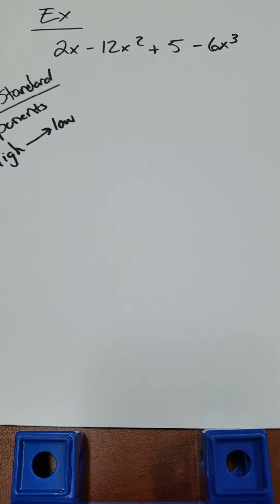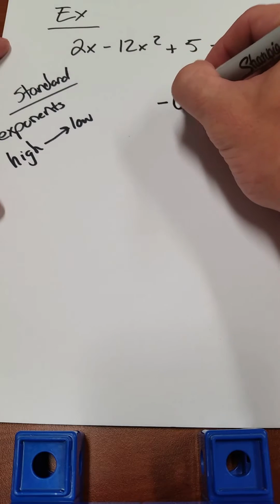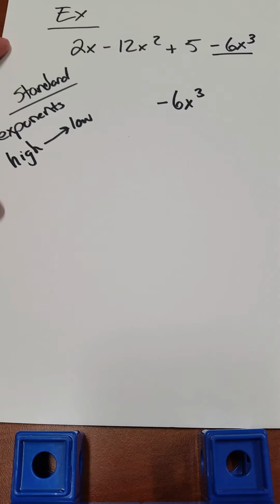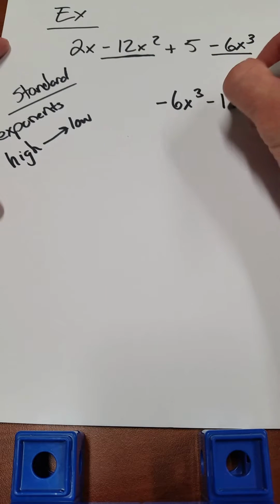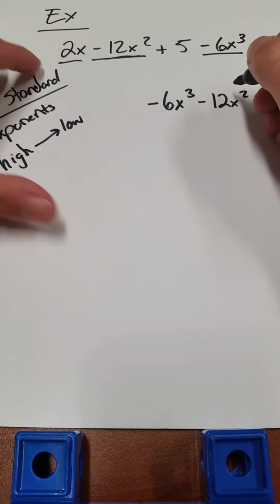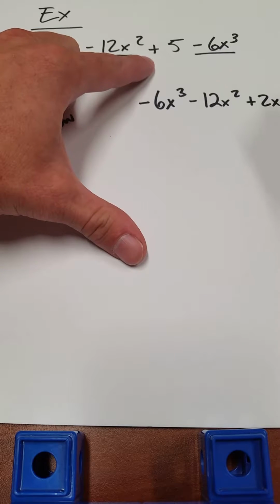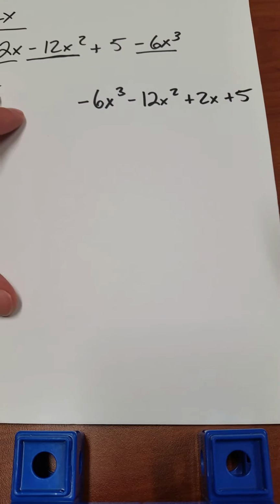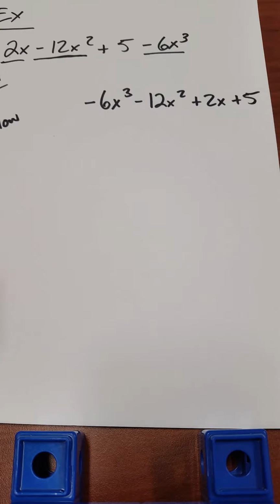Okay, so pick out your highest exponent when looking at this problem. Highest exponent is here. So we have negative 6x to the 3rd. Well, then what's your next highest exponent? Well, that's 2. So the negative goes with it, minus 12x squared. Then we have just an x. That's a positive. There's no sign out in front, so plus 2x, and then plus 5. This is in standard form. Okay, we're going from the highest exponent down to the smallest exponent.